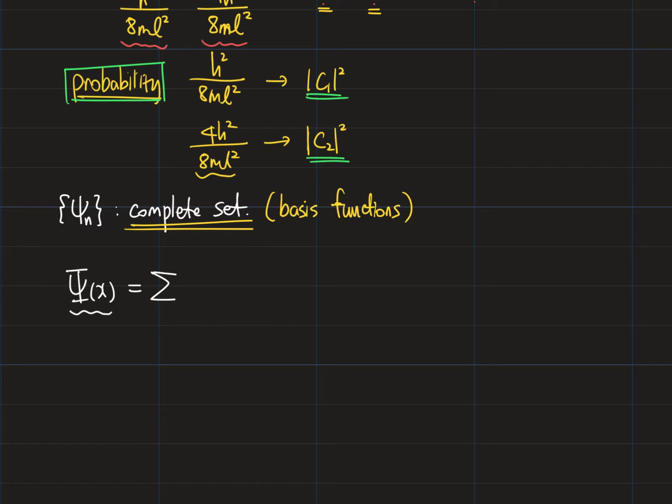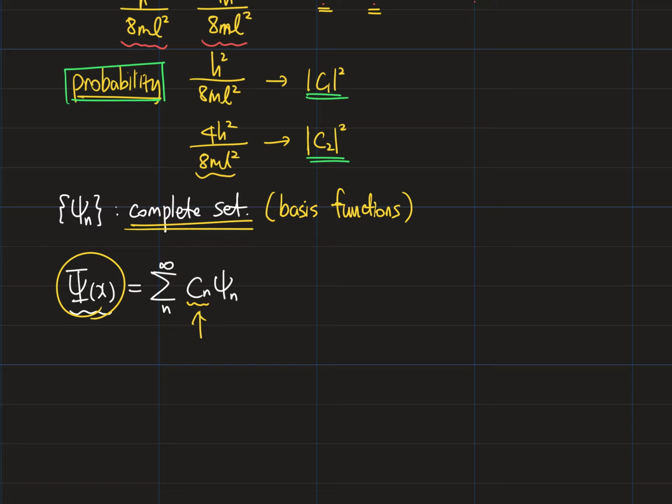So a linear combination of the complete set can describe any function of the system. Here we introduce a new constant.